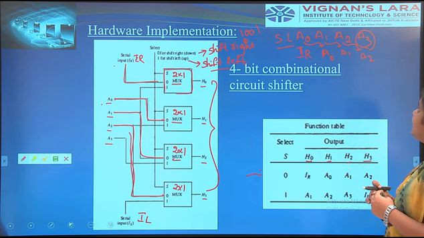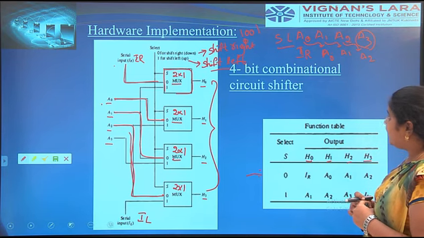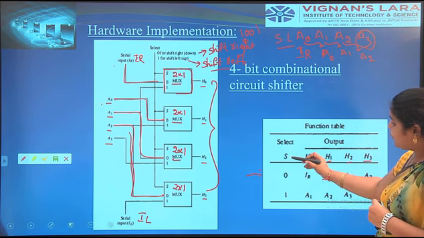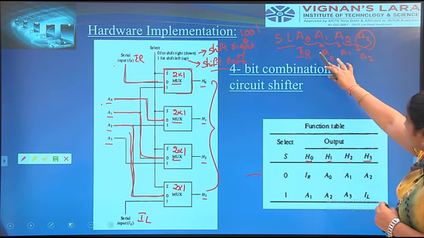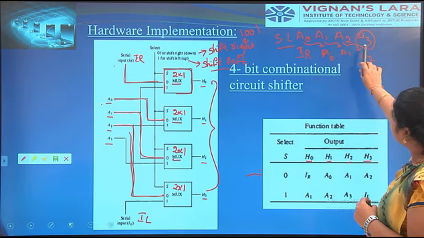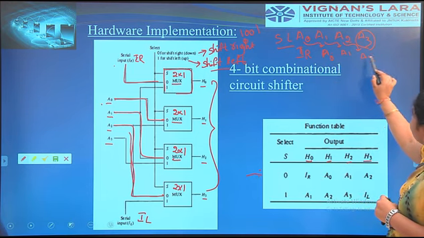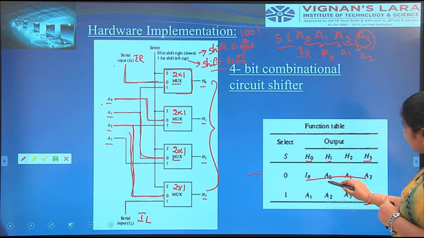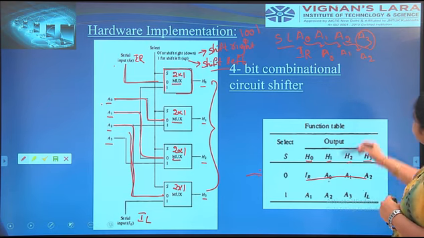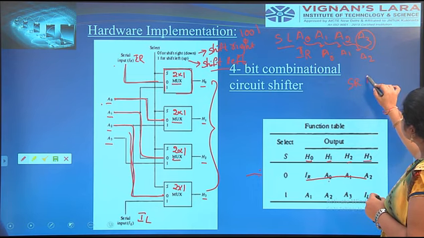A0, A1, A2, A3 are the input for the hardware implementation. If the selection input is 0, the operation is done like this: A0, A1, A2, A3. Here we have to place IR, A0, A1, A2. Next we have to take shift right.